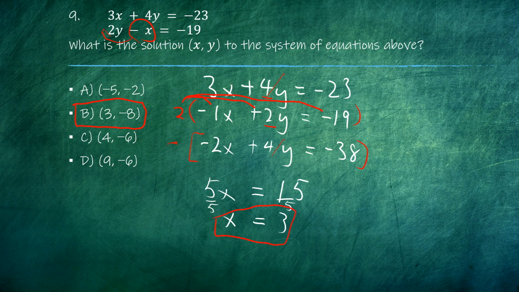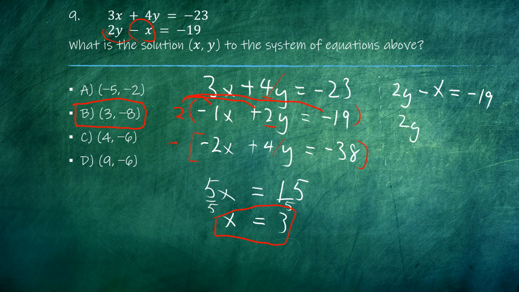And if we would like to check, we can always plug 3 in for x into one of the equations and solve for y. So let's try that just to make sure when we have time. Let's try the second equation. So we have 2y minus x is equal to negative 19.